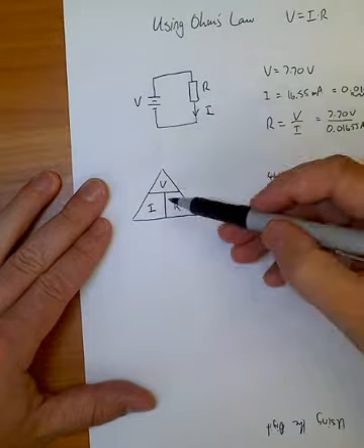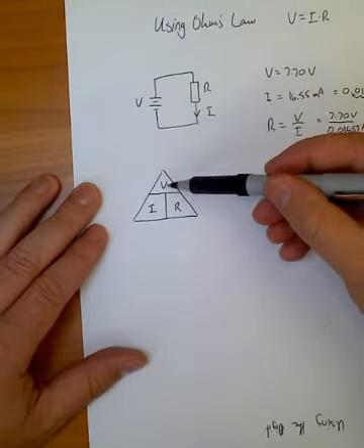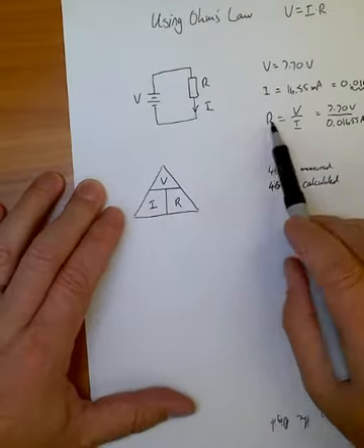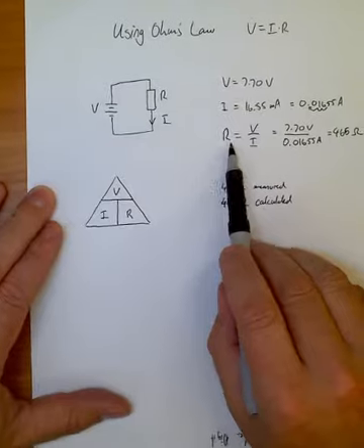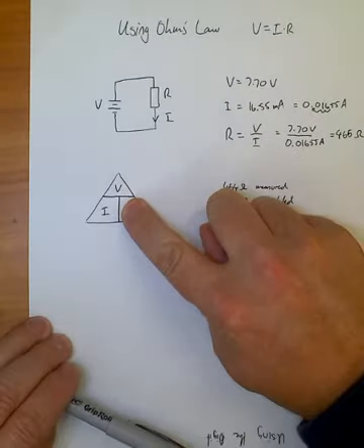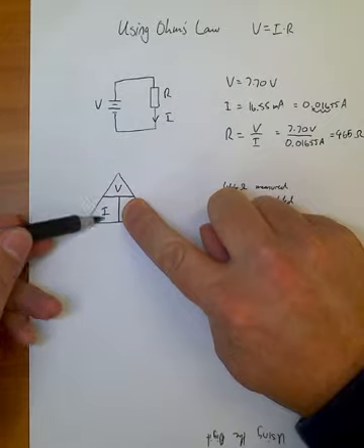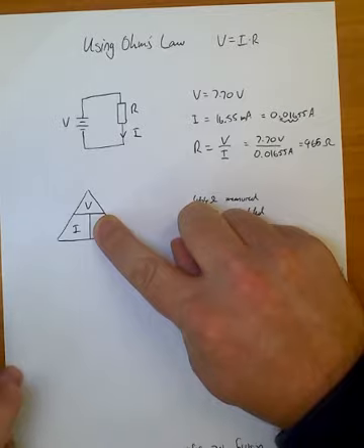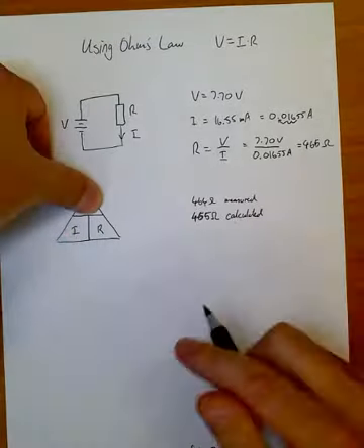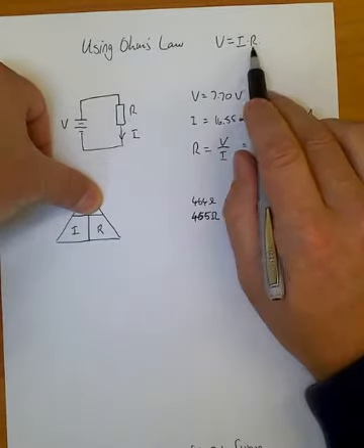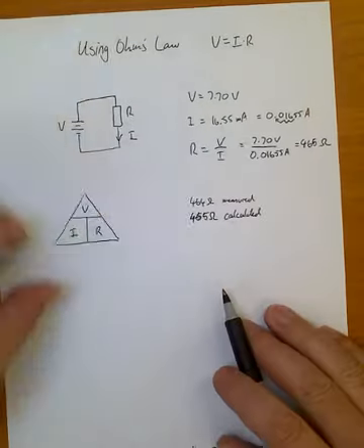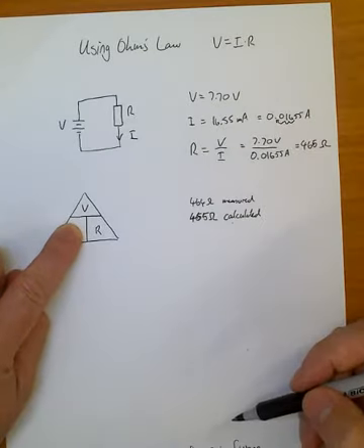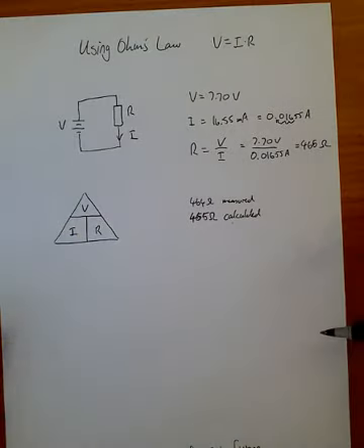The way this triangle works is that if I want to find one of the variables, so let's say I want to find R like we did in this previous example, then you put your finger over that and the relationship is given, so the V is over I, like it was here, V over I. If I want to find V, then it's I times R, which is what we have up here. And likewise if I want to find I, then the relationship is going to be V divided by R. So I equals V over R.